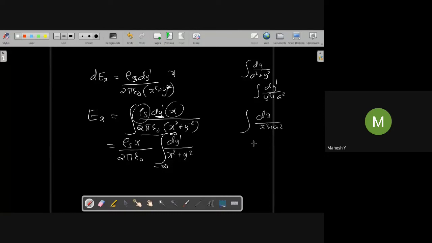Is it just tan inverse of x by a, or something else? The integral of dx by x square plus 1 is tan inverse x, right? Instead of 1, we have x square plus a square. So what is this integral?